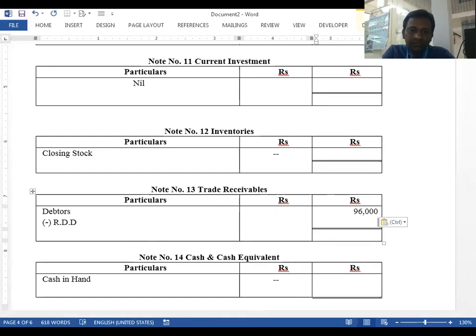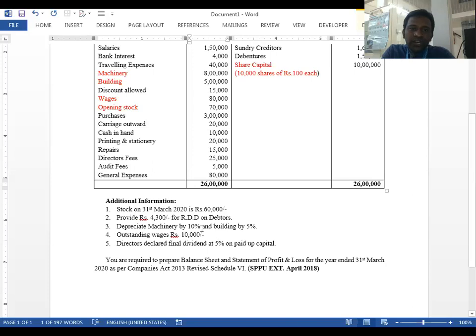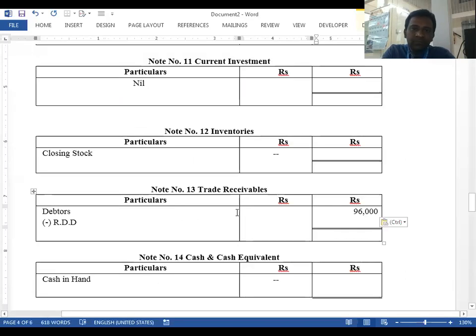So see here, provide rupees 4,300 for RDD. What is the effect of RDD? We should deduct it from the sundry debtor under note number 13, trade receivable.